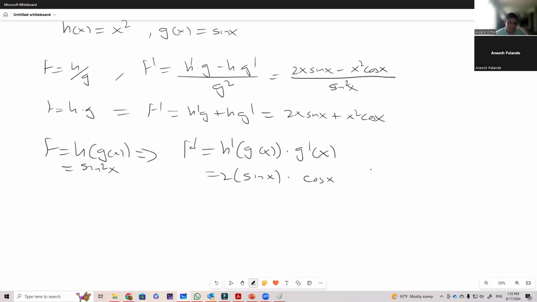Another good topic is implicit differentiation, which is another way of differentiating.